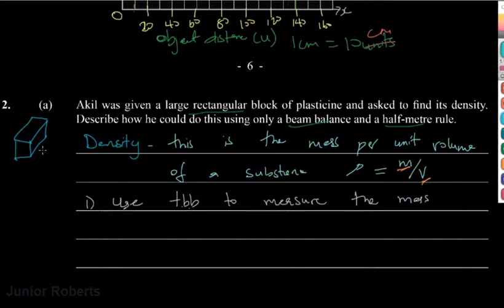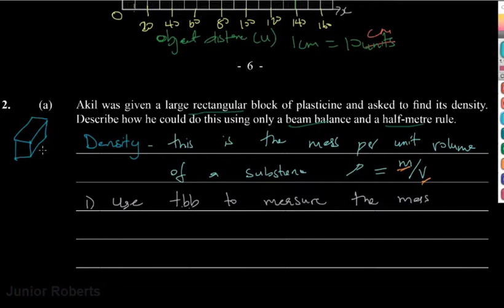Remember, we only have a triple beam balance and we have a meter rule. So how could we find the volume? Any ideas? Please don't be afraid to say what's on your mind. I want us to be able to engage so we can hear from each other and also work through these questions together.